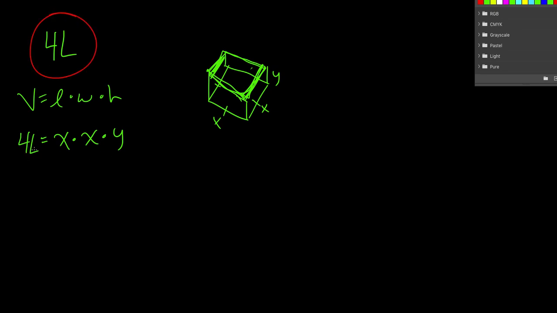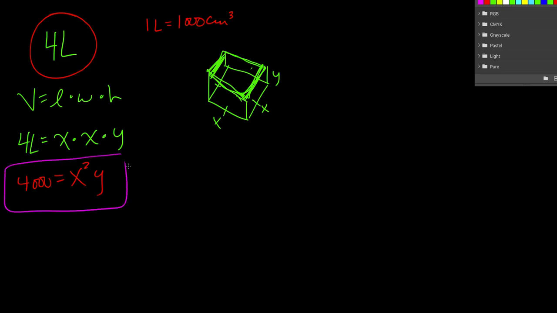And so what we're going to do is use 1 liter is equal to 1,000 centimeters cubed. And so I'm going to change this to 4,000 using that. And then with some simplification, we get x squared times y. All right, so this is an equation that we can use in the future.